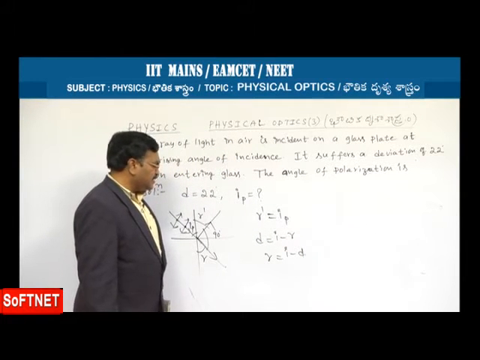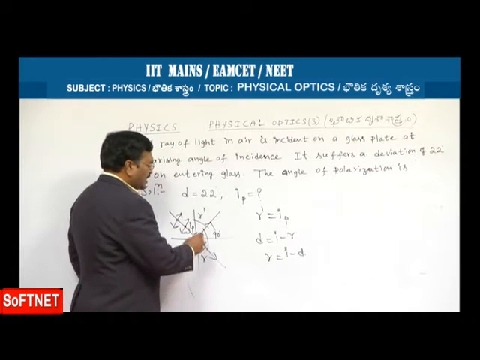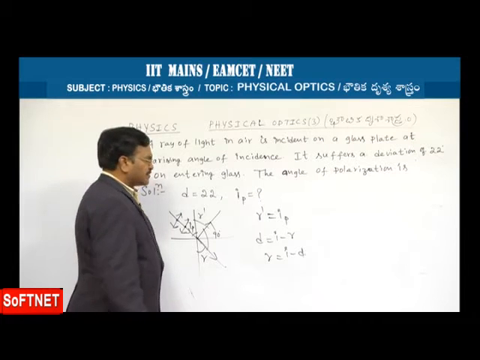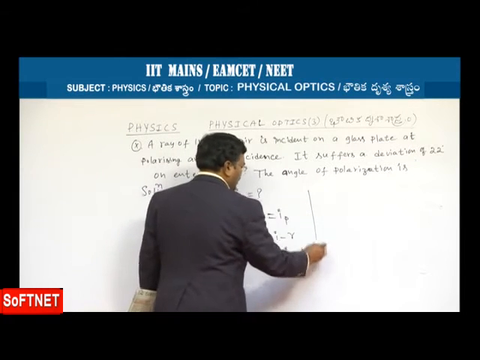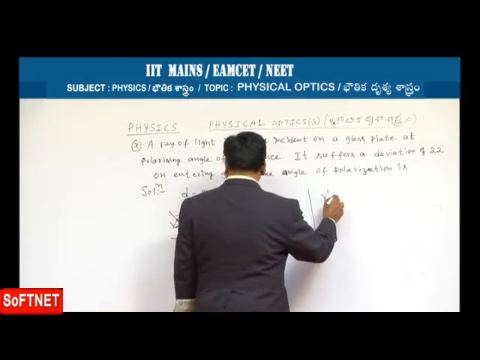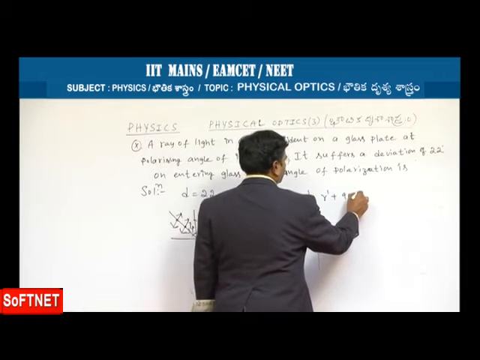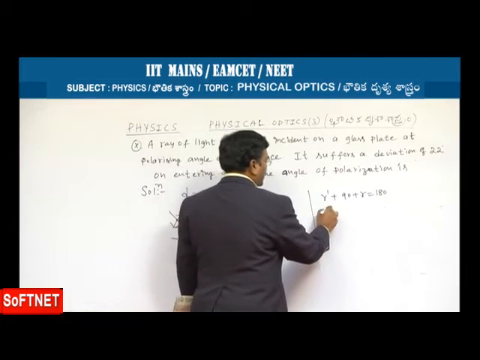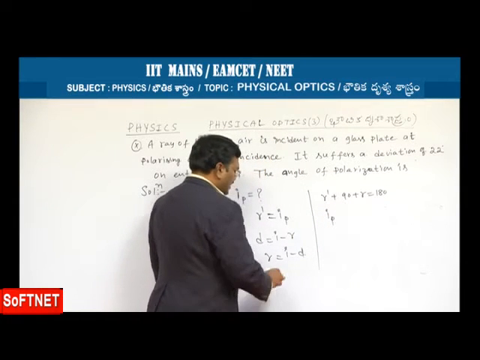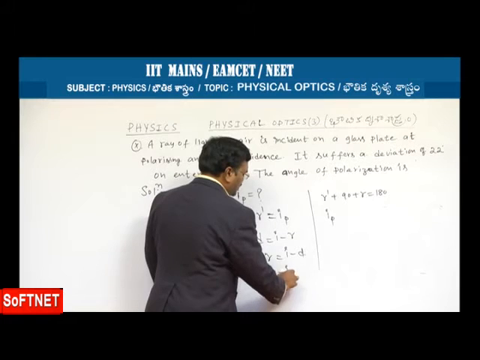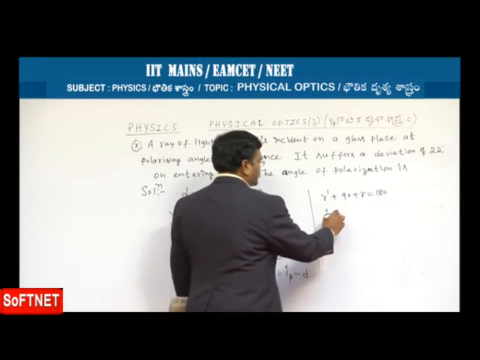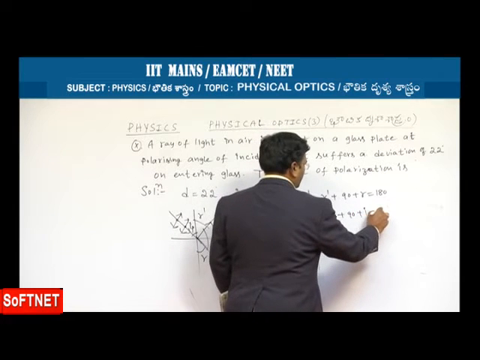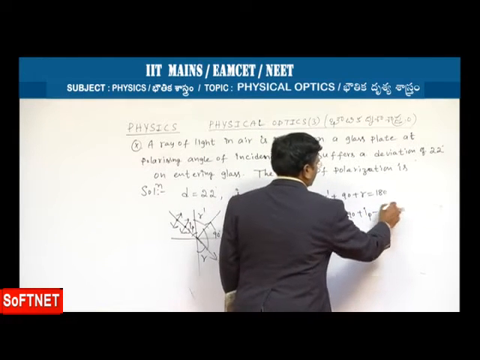But from the diagram, R dash plus 90 plus R is equal to 180 degrees. R dash is IP, the polarizing angle, and R is IP minus D. So IP plus 90 plus IP minus D is equal to 180 degrees.